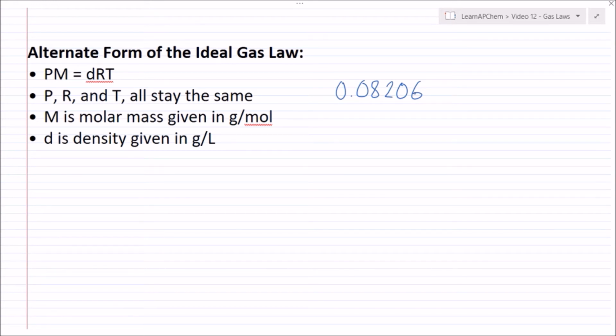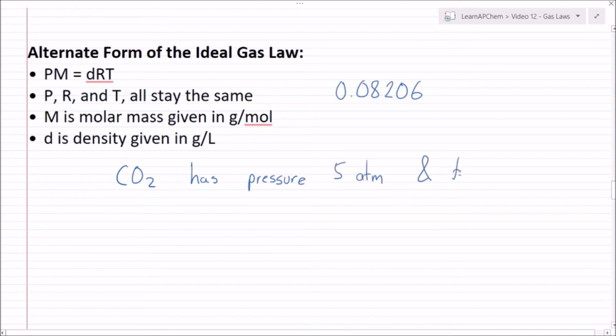So sometimes you might be asked, given a gas, say CO2, that has a pressure of 5 atm and a temperature of 300 K, what is the density?